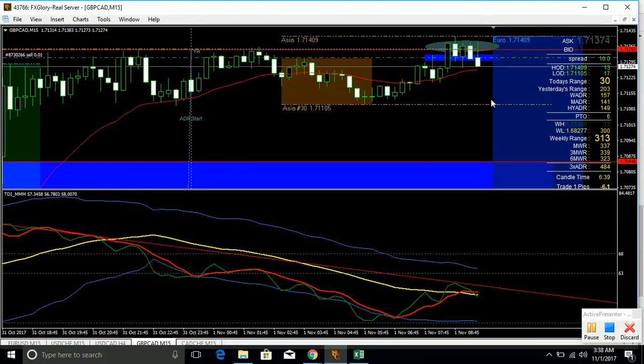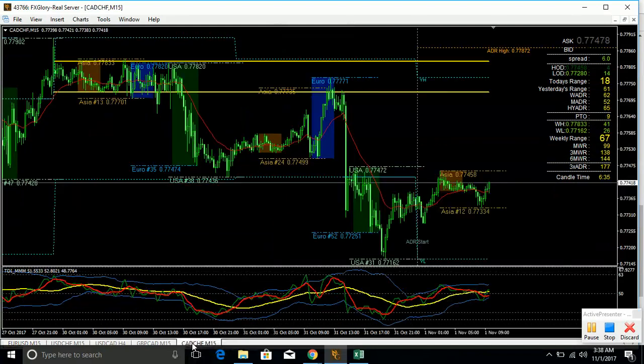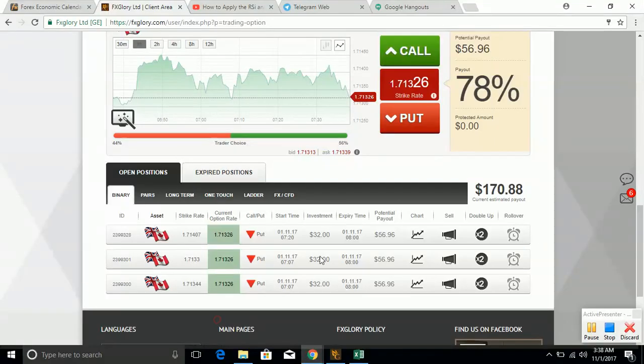The only trades we've taken so far this morning is this pound CAD, and we put a buy in here on the Euro USD. That's the pound CAD and the Euro USD. Now, all of our trades have successfully crossed over into profit. And that's what we're looking at on the binary options trade.